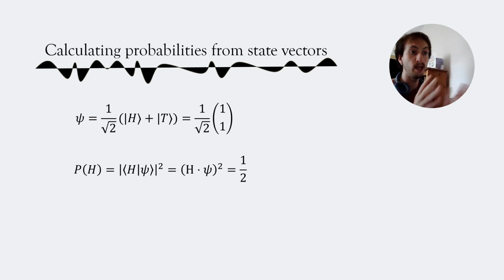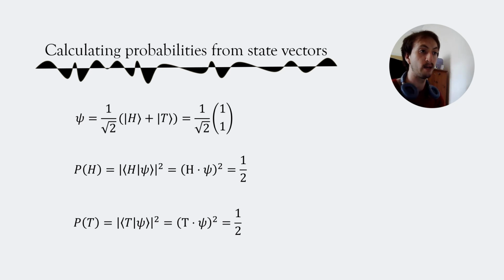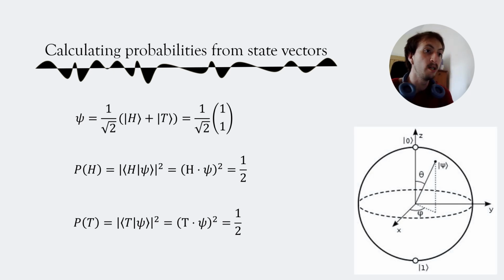And in the case where we have real vectors, such as for our coin, so each component of the vector is a real number, we can think of that as just a scalar product between the quantum state vector and the classical state vector. And if one does that with heads and tails, one obtains a half because our original quantum state was an even mixture between heads and tails.